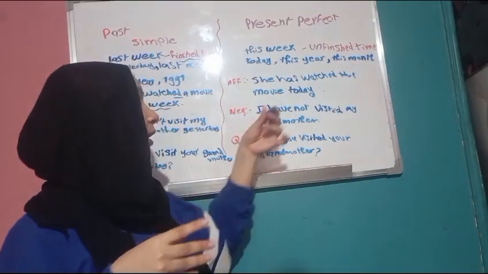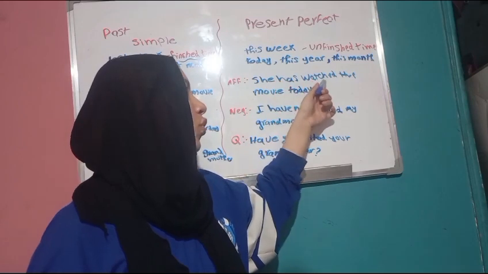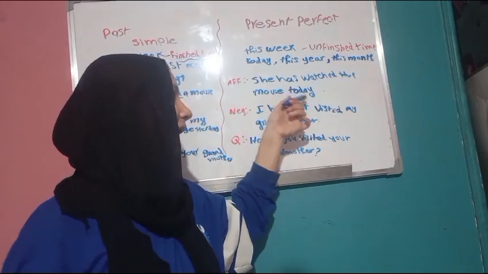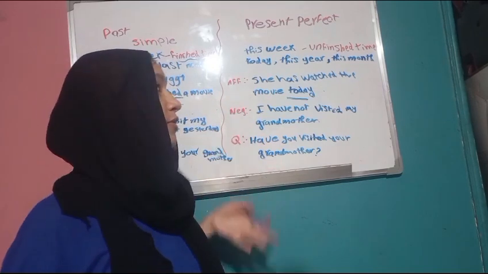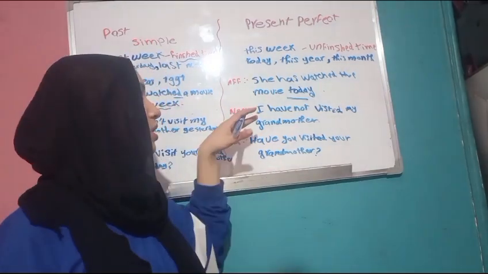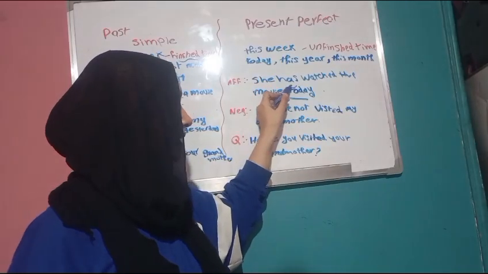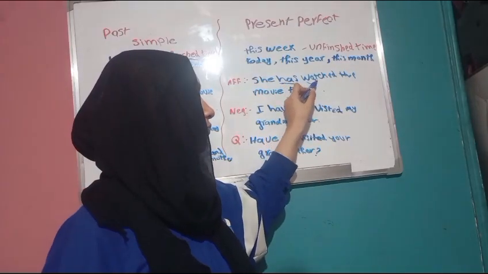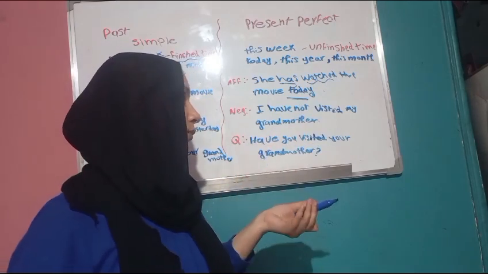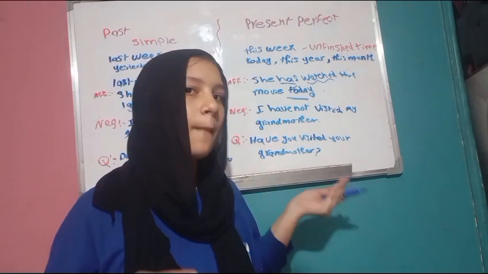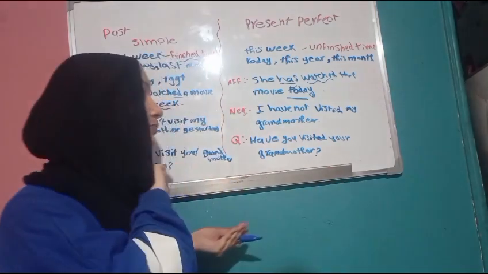But here: she has watched the movie today. Today is not finished time, right? So this will be present perfect tense. So we put has, and then we put the past participle, and this is a regular past participle, right?